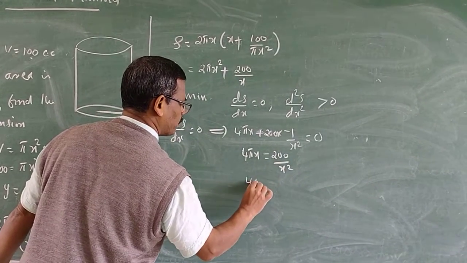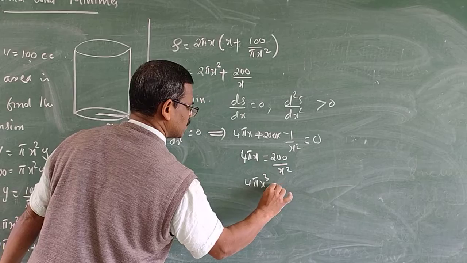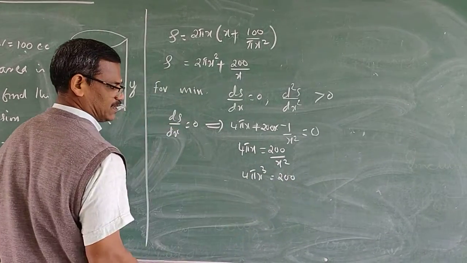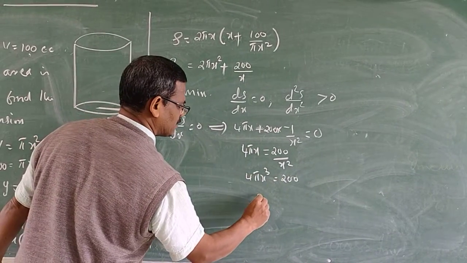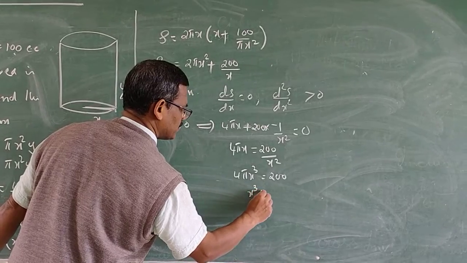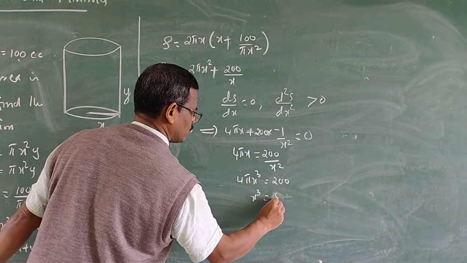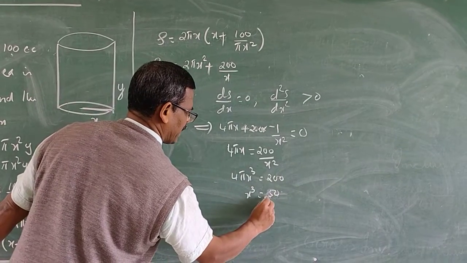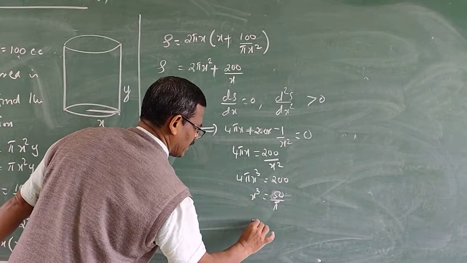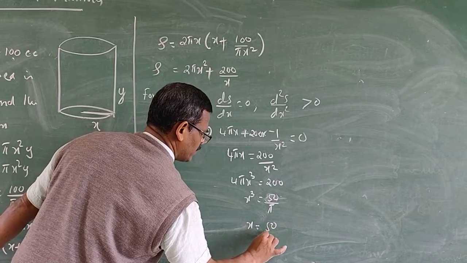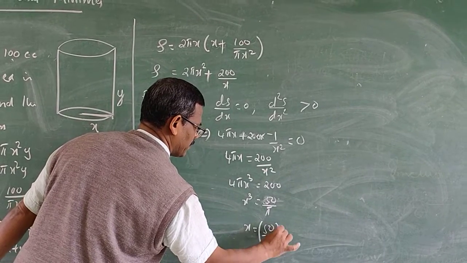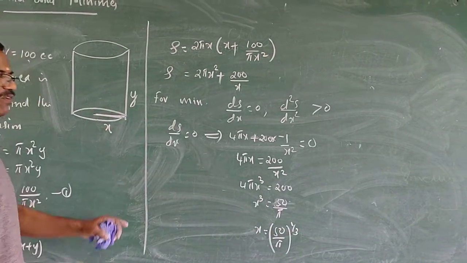Cross multiplying, 4 pi x cube is equal to 200. And then 4 cancels. You have x cube is equal to 50 by pi, or x is equal to 50 by pi raised to 1 by 3. This is the value of x.